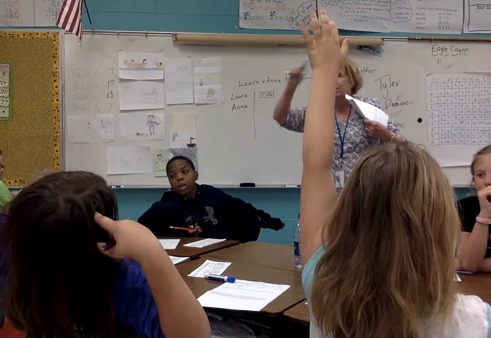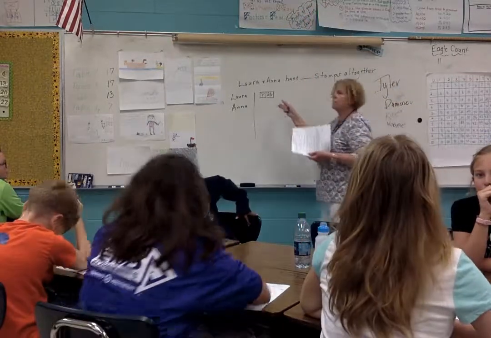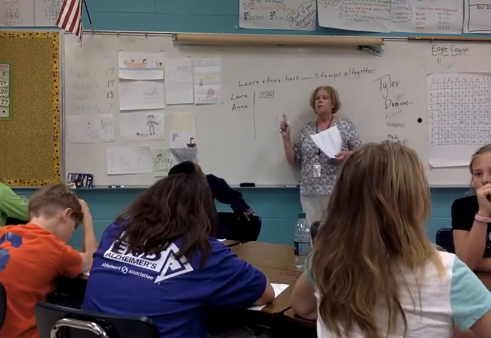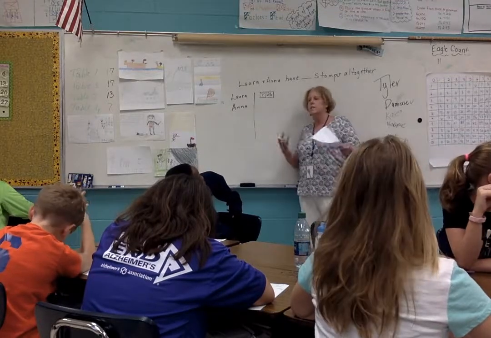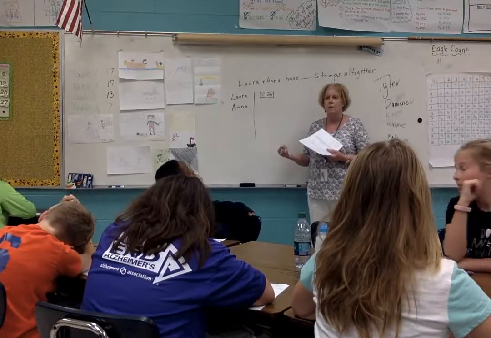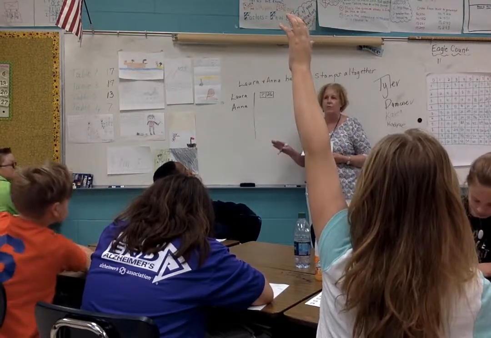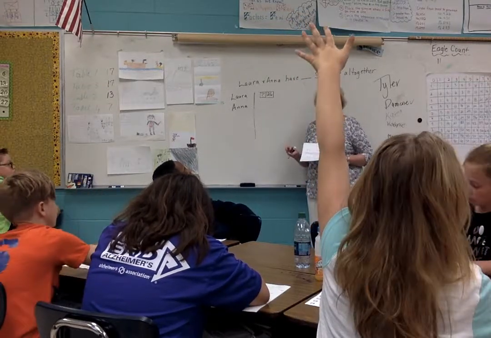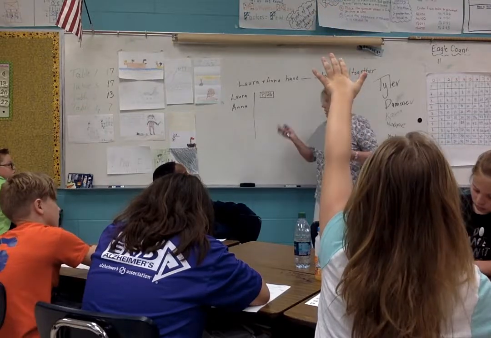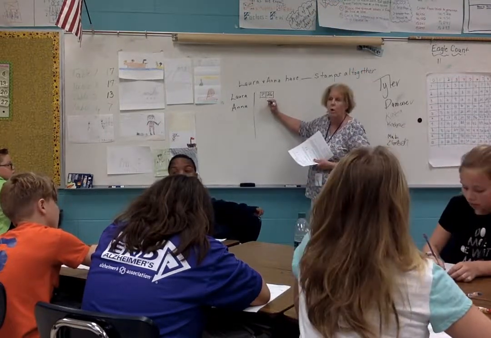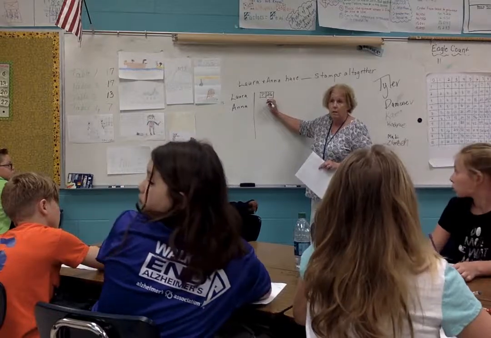It means less than. So if something's going to be less, what should I do to it? If it doesn't exist, what operation will show me that I don't have those 26? Subtraction. And if I subtract, I'm going to put a what through it? A line.